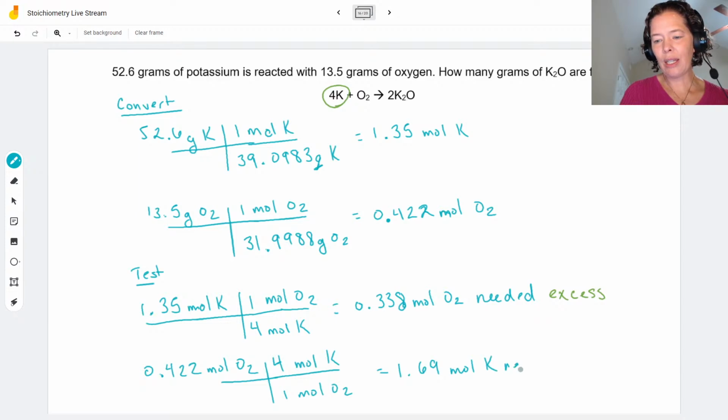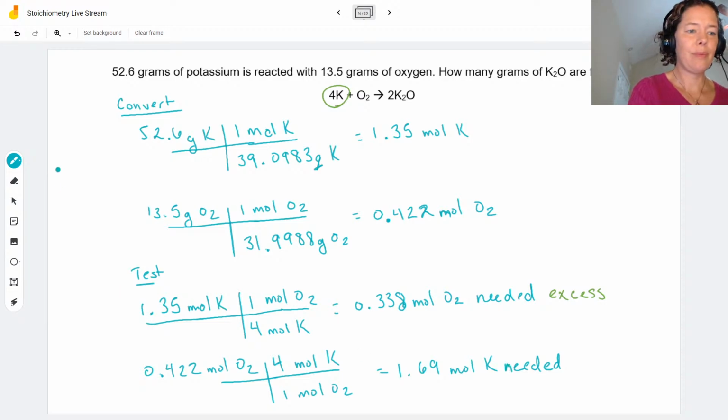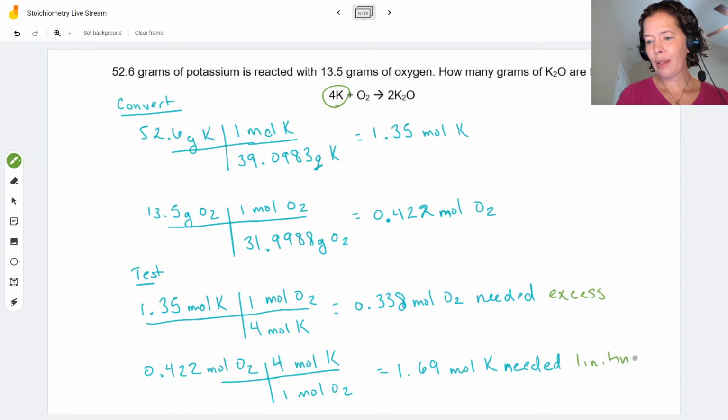Again, this is what is needed. Okay, so let's think through our logic here. I need 1.69 moles of potassium. How much do I actually have? Well, I only have 1.35. I do not have enough. My potassium is going to limit me. It's going to run out. Again, I've already circled it in my balanced chemical equation. Potassium is my limiting reagent.